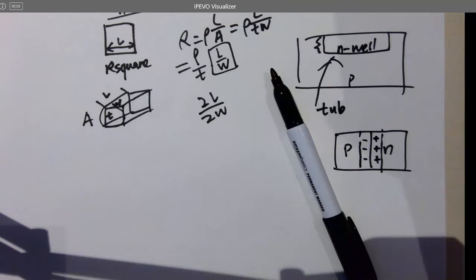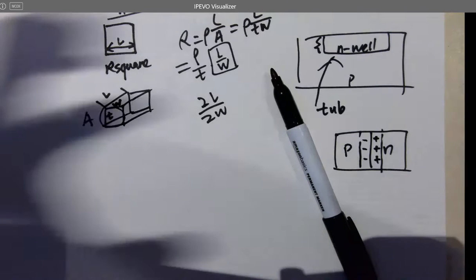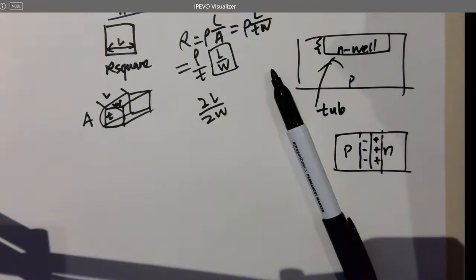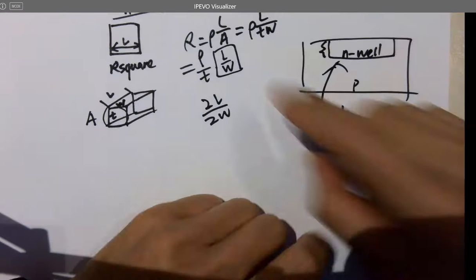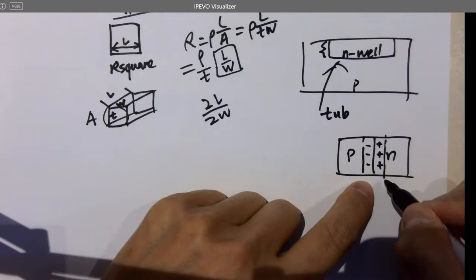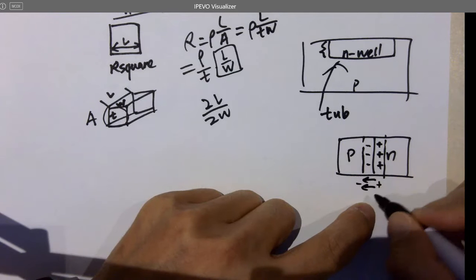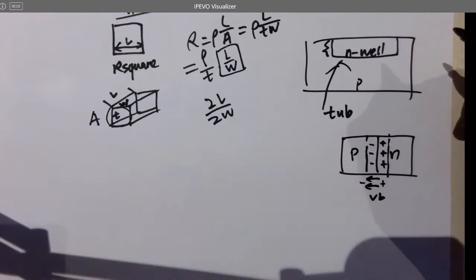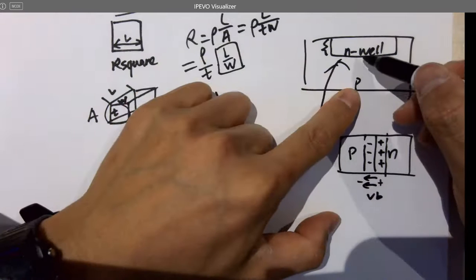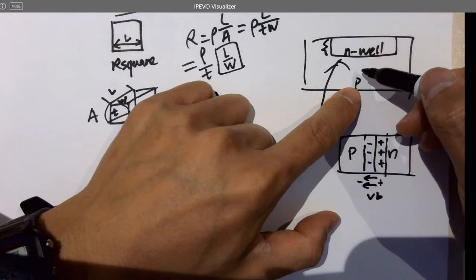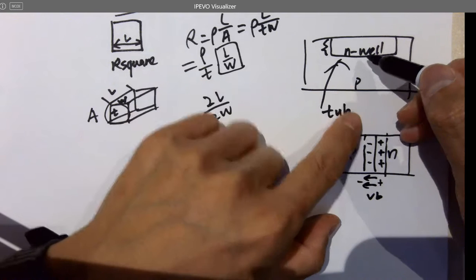You cannot create charge just by combining material together. Otherwise it's generating energy. But this one has energy inside. It's going to be a form of electric field, which is a built-in potential, right? It's the same concept. You got the P, you got an N. There's a PN junction, and it's going to form a depletion region.